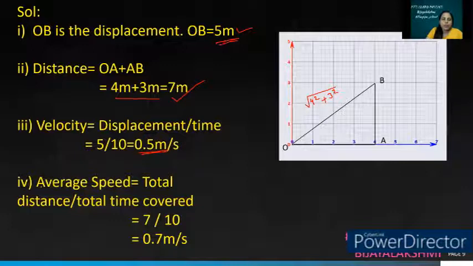Now, for the fourth question, what is the average speed? Average speed has a formula of total distance by total time. What is the total distance covered? That is 7 meters, divided by 10. That is 0.7 meter per second. That is the average speed of the body.